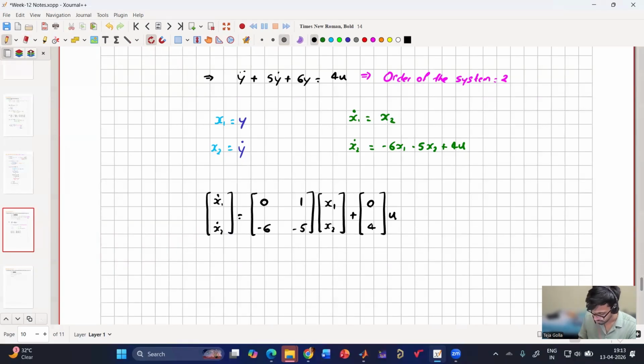And this is u. So 0, 1, minus 6, minus 5, x1, x2, 0, 4, u. So this is my A matrix. This is my B matrix.